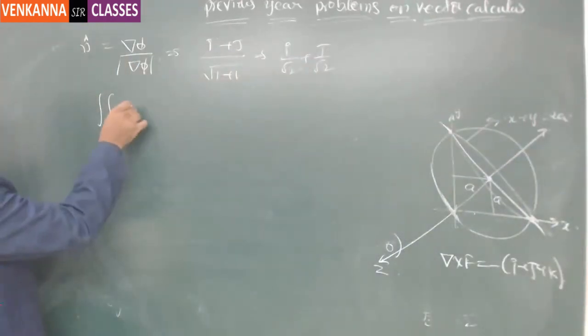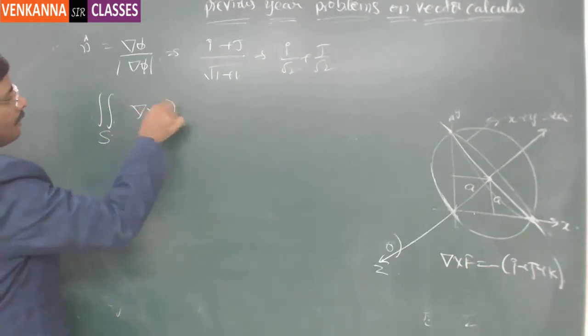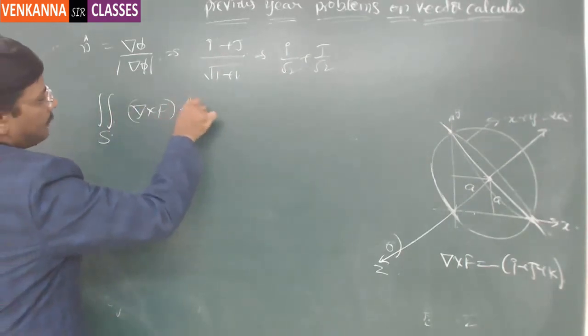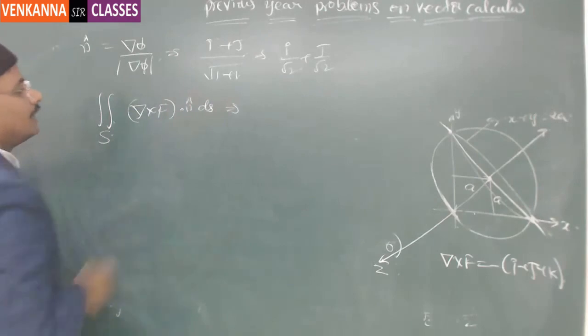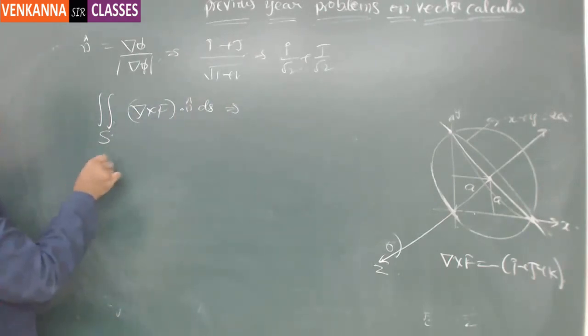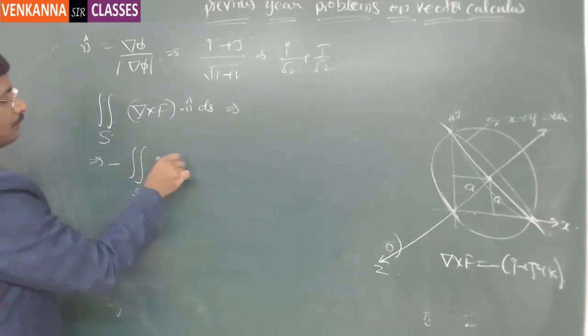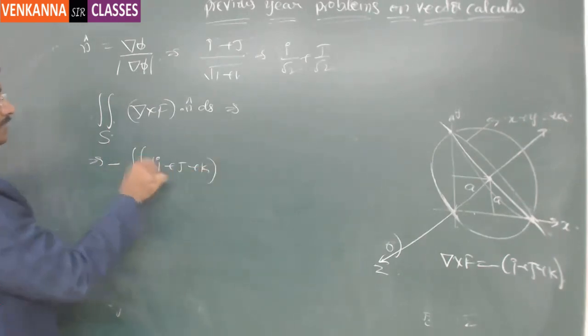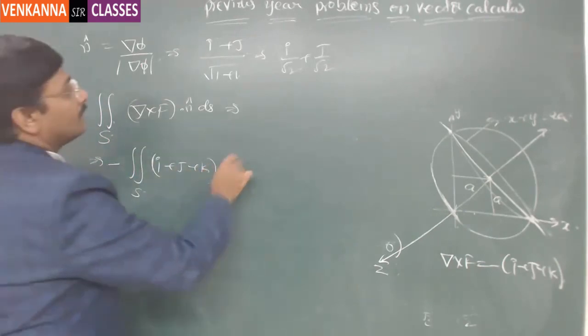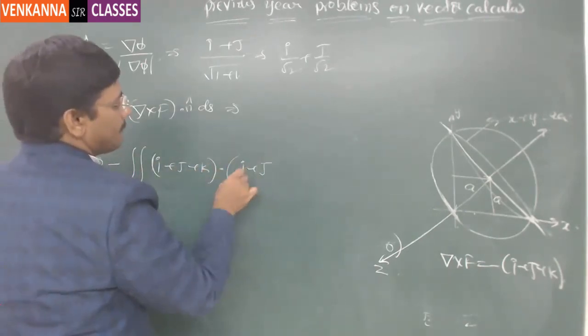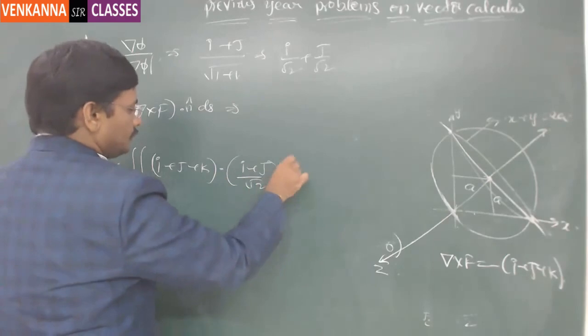Now del cross F dot n cap ds. Now del cross F is, this is minus double integral over the surface S of I plus j plus k. So this minus taken out, dot n cap is I plus j by root 2 into ds.